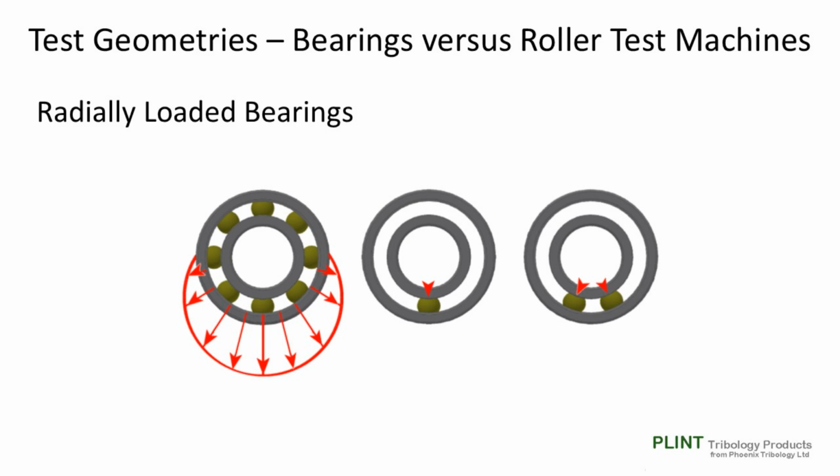So there is something of a difference between how we define test conditions and fatigue life in our idealized and fully deterministic 2, 3, or 4 roller machines and how we do it when it comes to bearings.